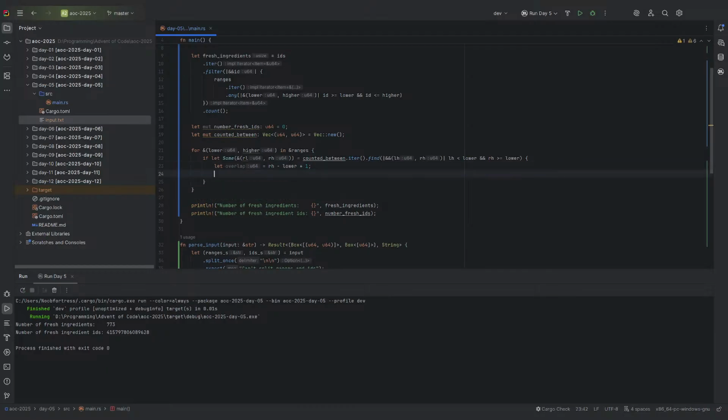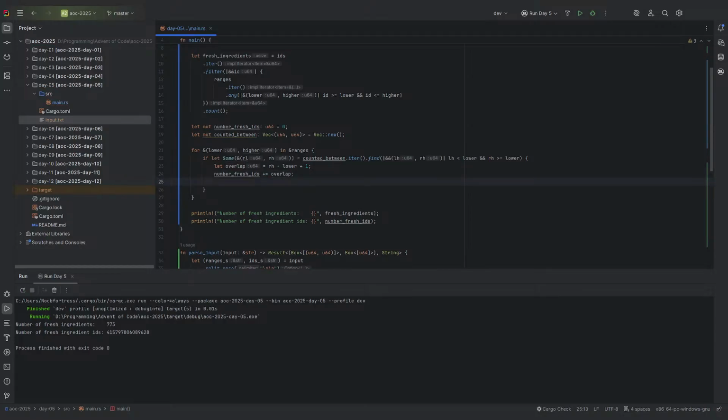What if I now just count between? Could just force it to be disjointed range.